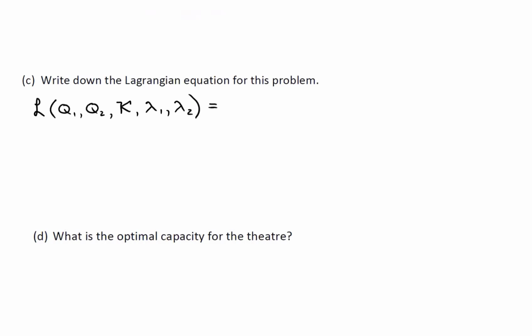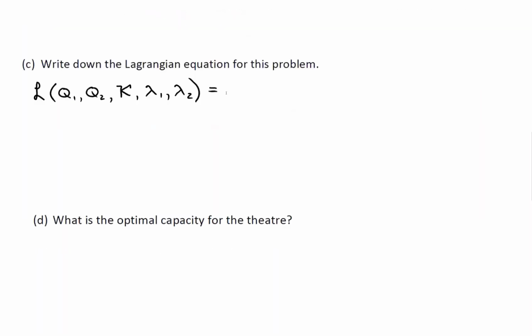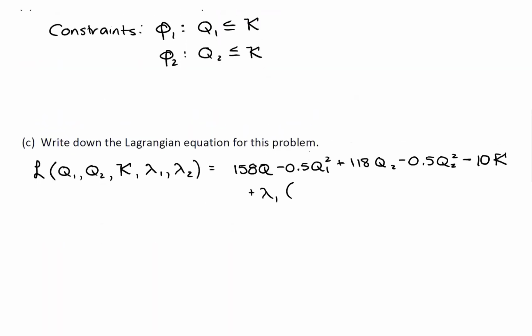This Lagrange equation becomes my profit equation, and then I have my two constraints. Lambda 1 is going to be times my capacity kappa minus Q1, plus lambda 2 times the capacity minus Q2.